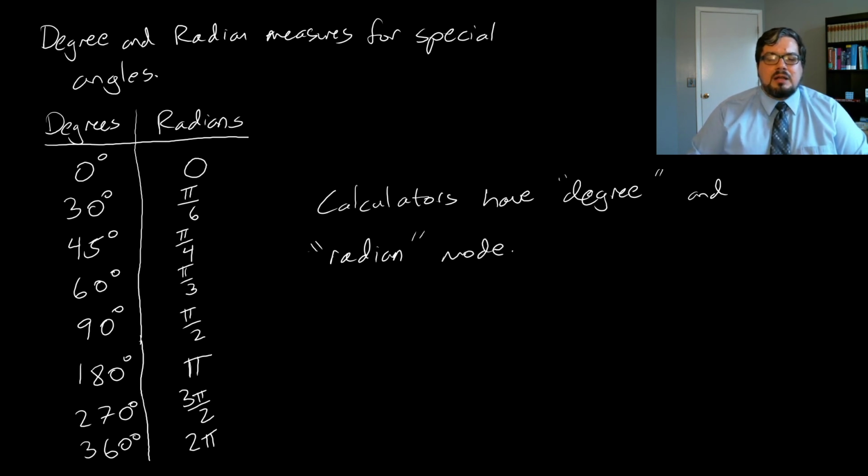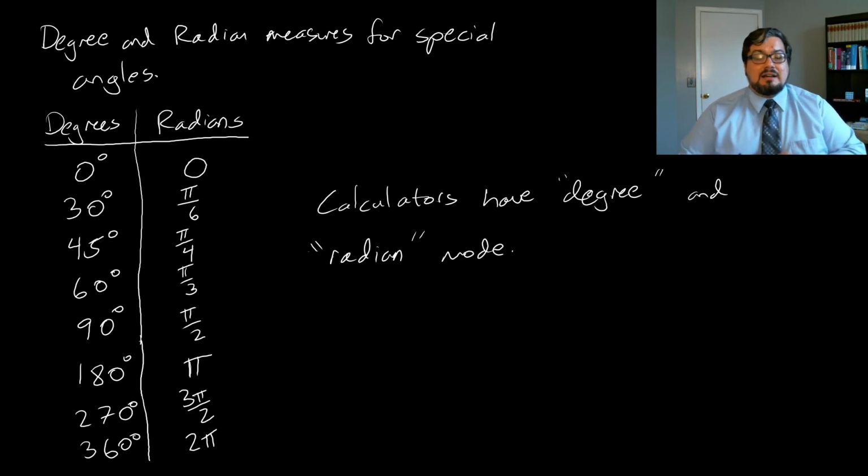Because when you plug something into a calculator and you tell it give an angle, it will assume that that's a degree angle or a radian angle depending on what mode you're in. So whenever you're working a problem, always make sure that your calculator is in the correct mode. Degree mode if you're working with degrees, radian mode if you're working with radians. We will be working with both ways of measuring angles reasonably often, so you'll want to be familiar with both of those.